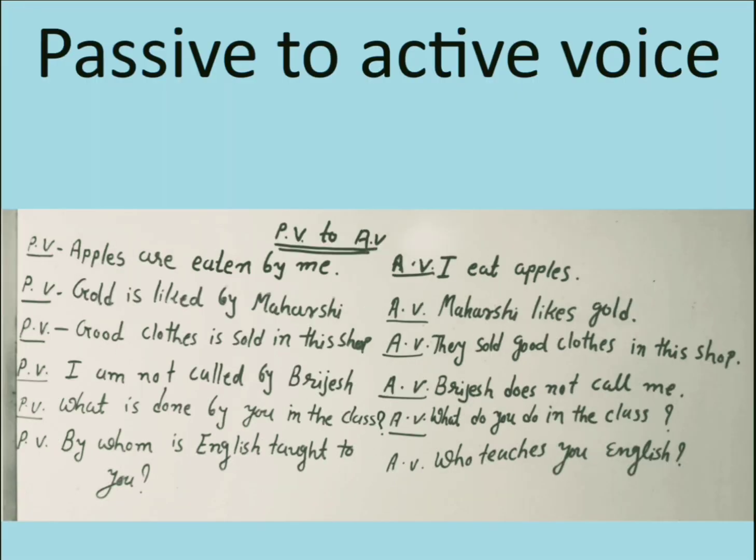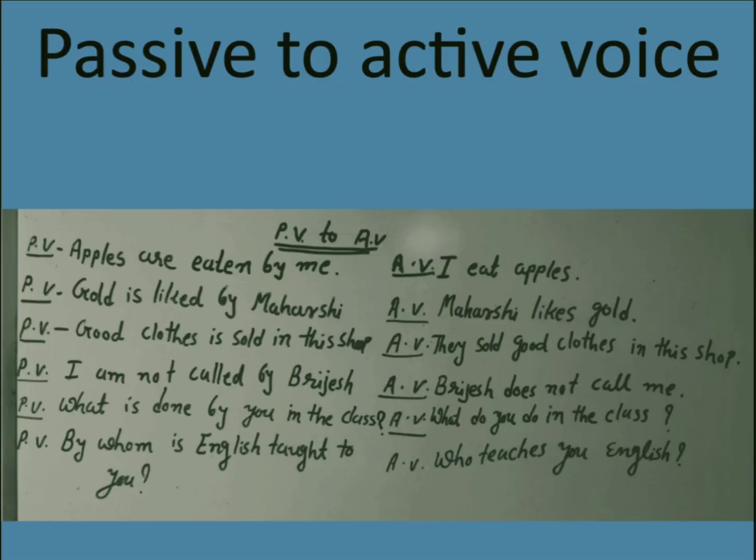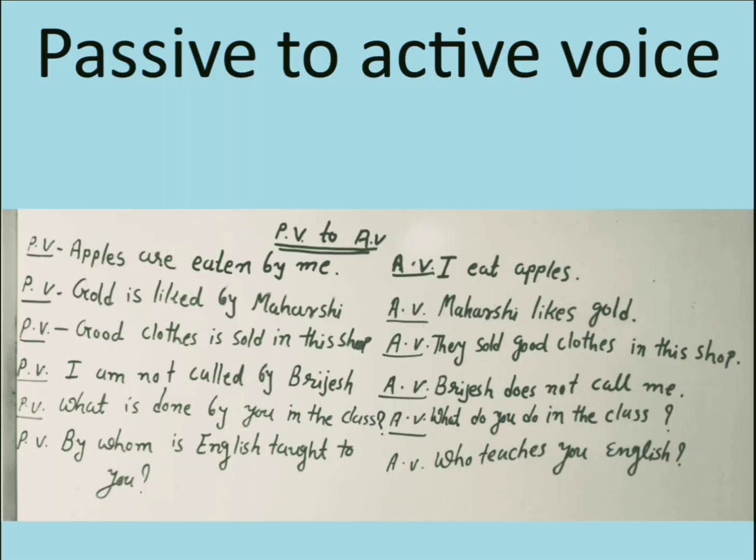Now, students, we have to also learn some examples from passive to active sentence. Let's understand some examples. Apples are eaten by me. So apples is the object, we have to use it at the end.